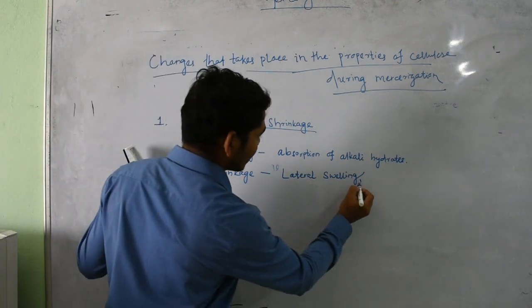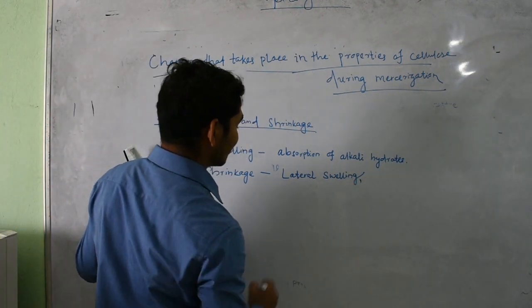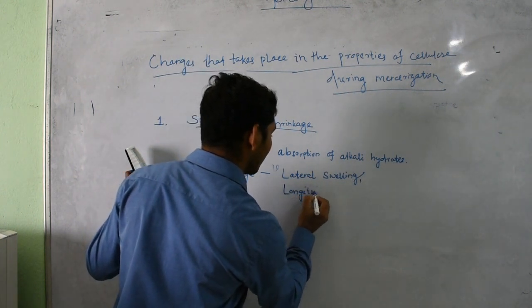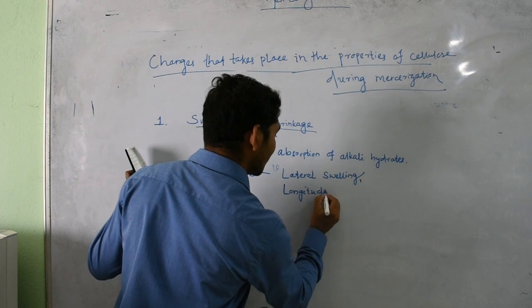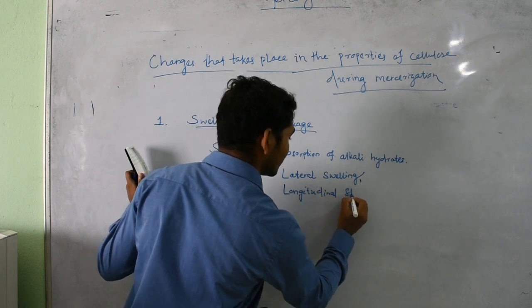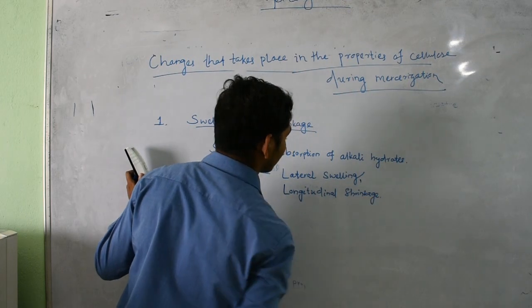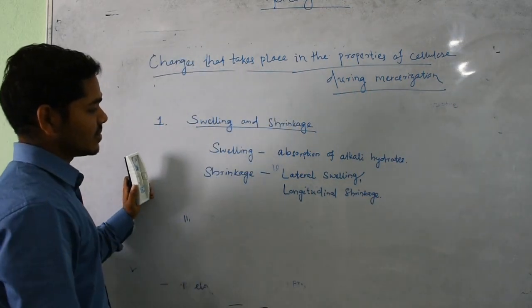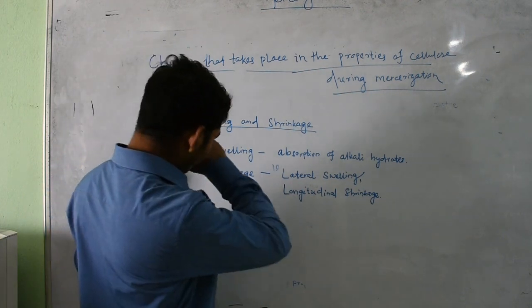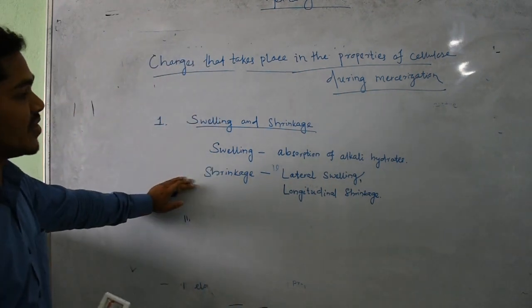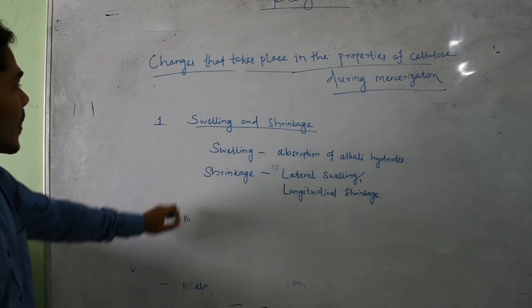Due to the consequence of this, there is longitudinal shrinkage also observed. So these are the reasons where swelling and shrinkage during mercerization takes place.